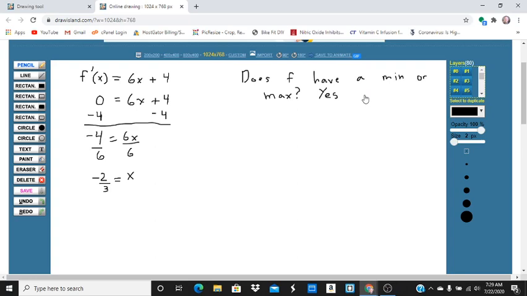And one way we can think about that, first derivative is the slope of the tangent line to the curve at that point. So at negative 2/3, let's draw a graph here.